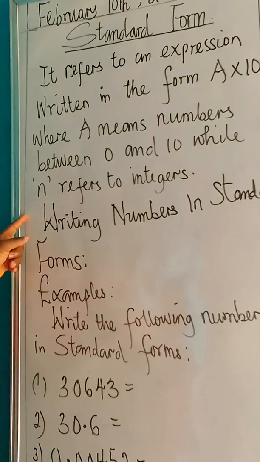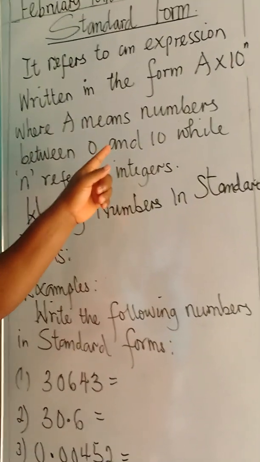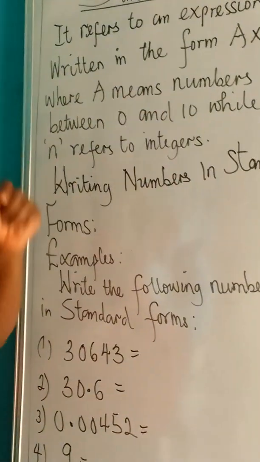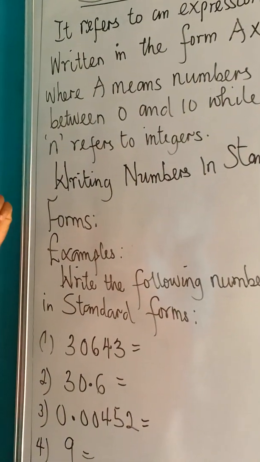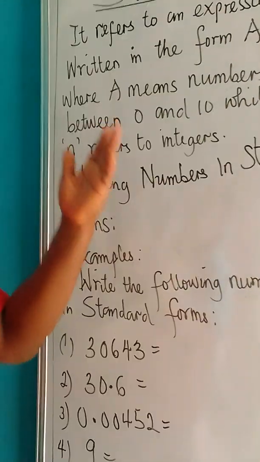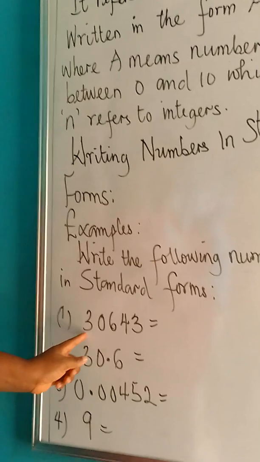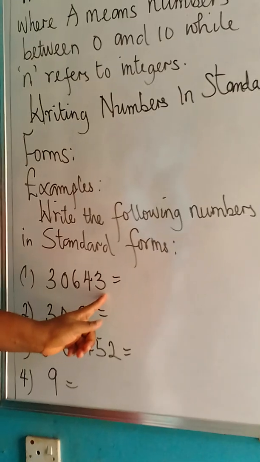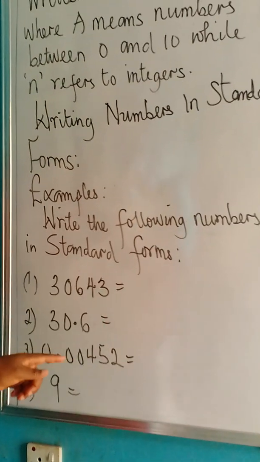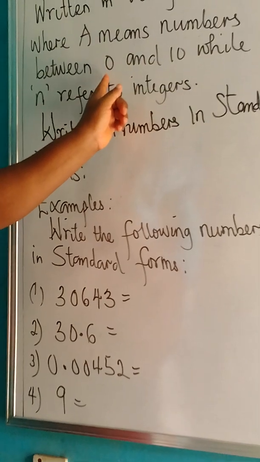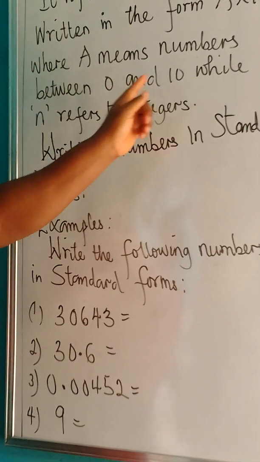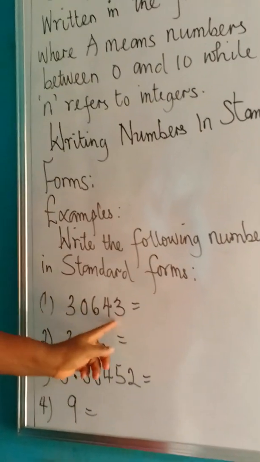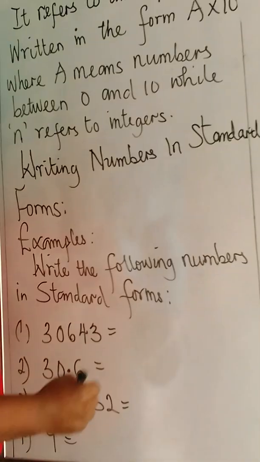And from the same definition, we were told that a refers to those significant numbers between 0 and 10, and I remember mentioning each of those numbers, 1 through 9. Good. So in this case, 3 becomes the very first significant number in this given set of numbers. So we have 3.